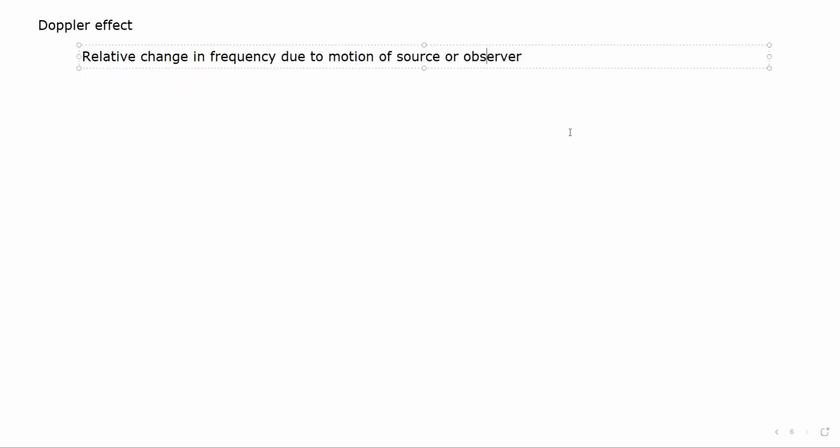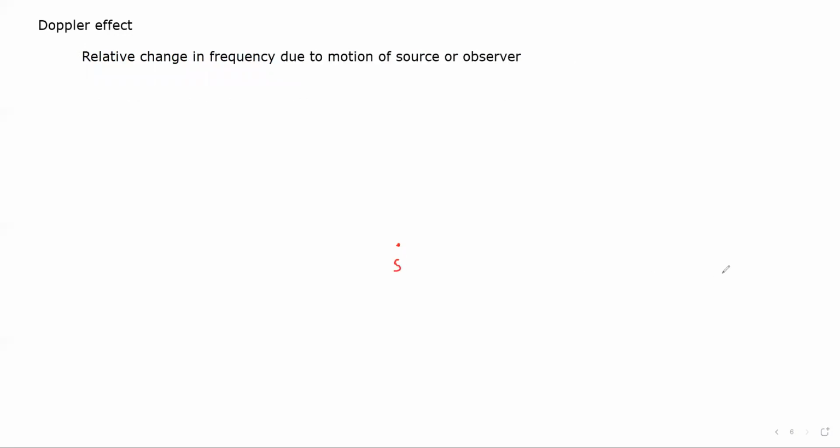So when the source and observer are moving either towards each other or away from each other, what is actually produced by the source and what is detected by the observer will be different, and this effect is simply called the Doppler effect.